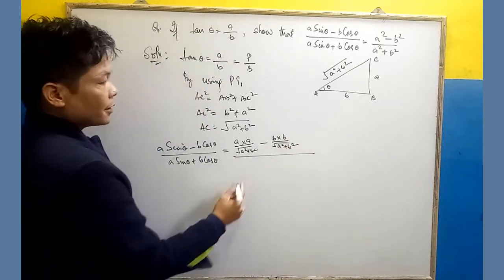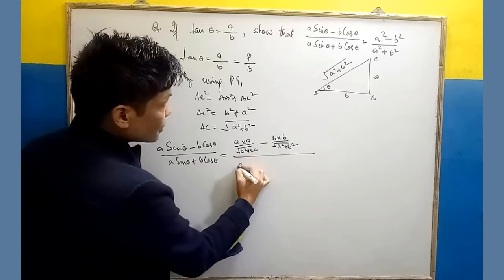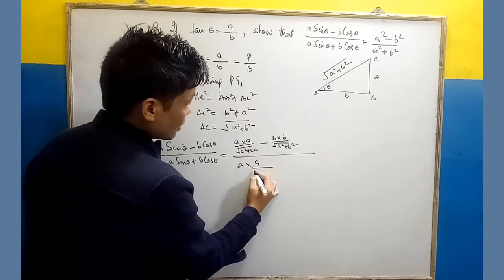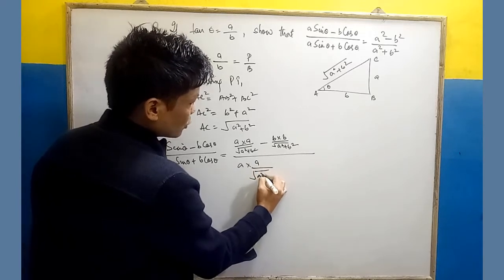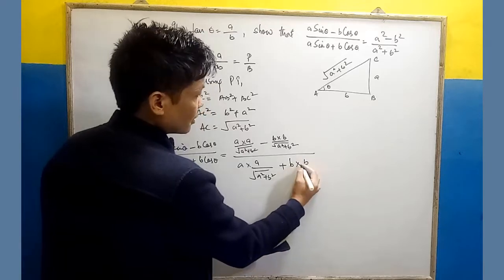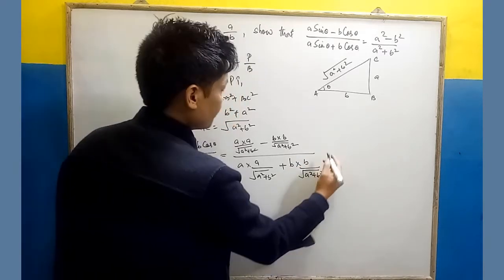Whole thing divided by A into A by under root of A square plus B square plus B into B by under root of A square plus B square.